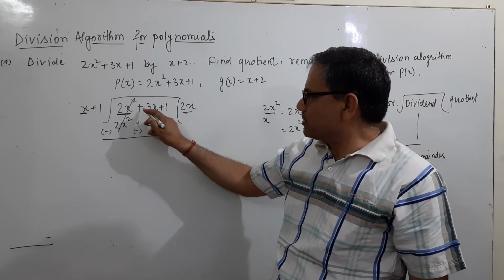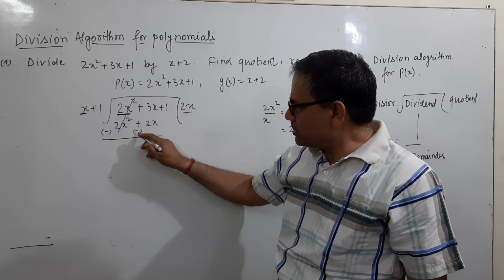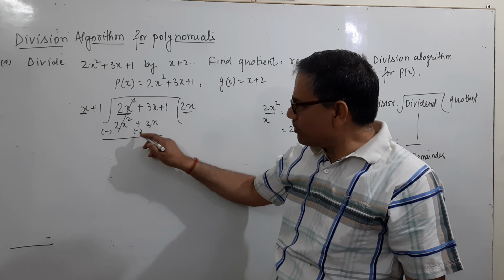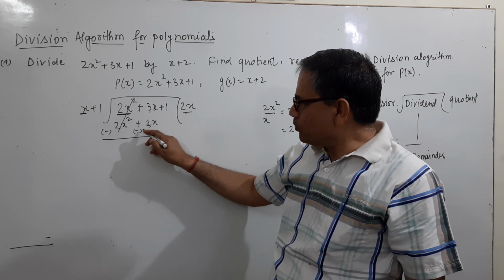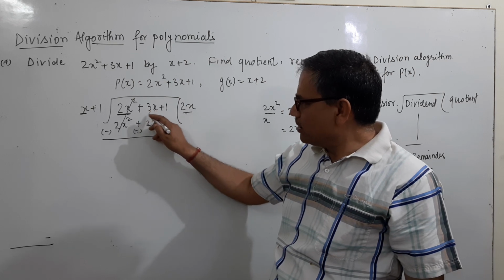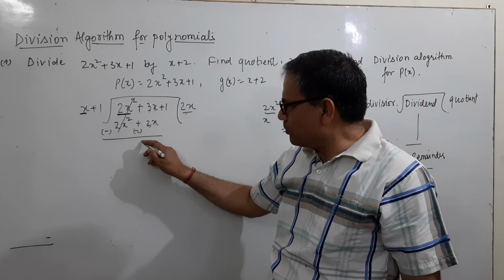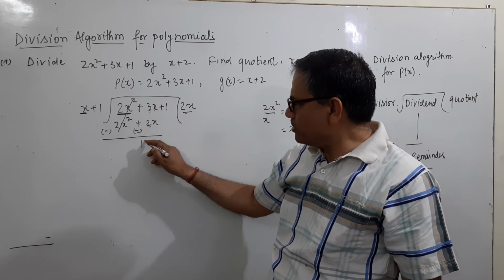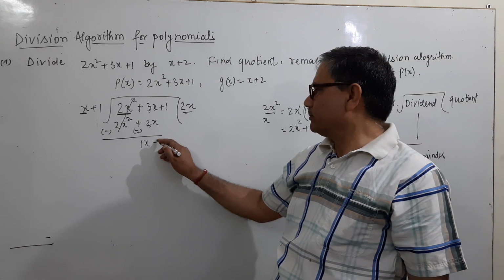Now this plus 3x and this 2x, which is of minus sign. 3 minus 2 is equal to 1, and this x will be the same. And now plus 1.